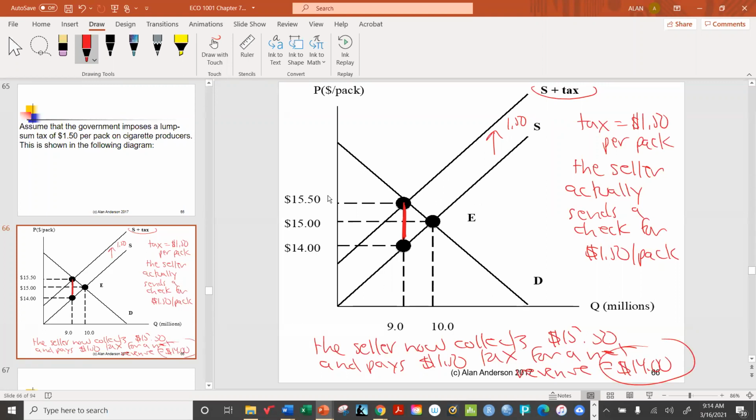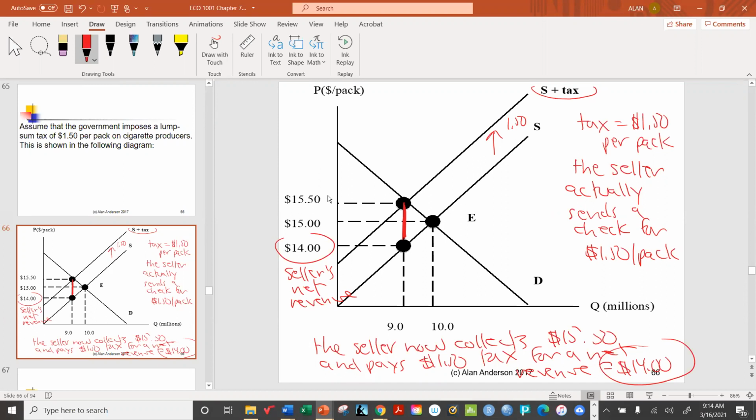And that's right here. In other words, this is what the seller now receives. We'll call it the seller's net revenue. So in other words, the seller is actually only losing $1 a pack.